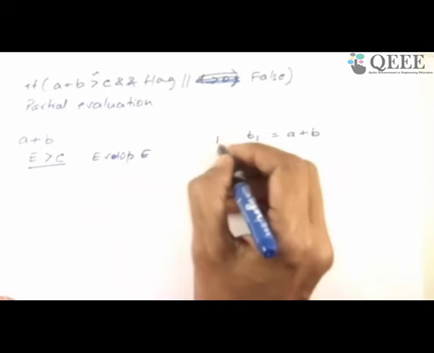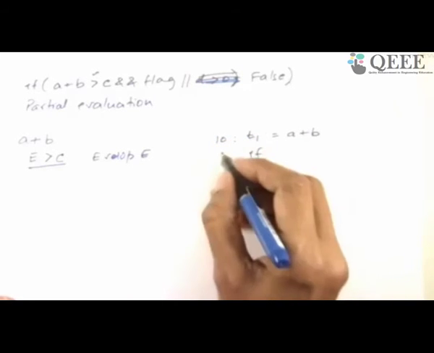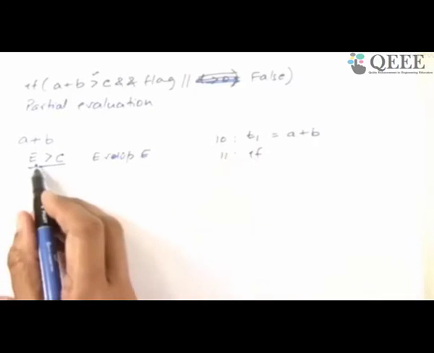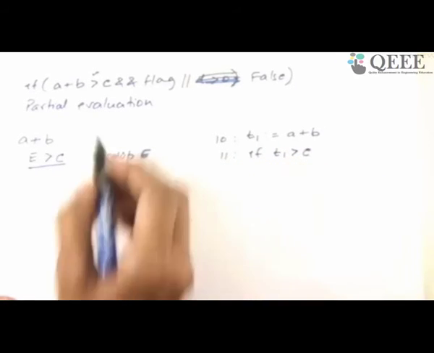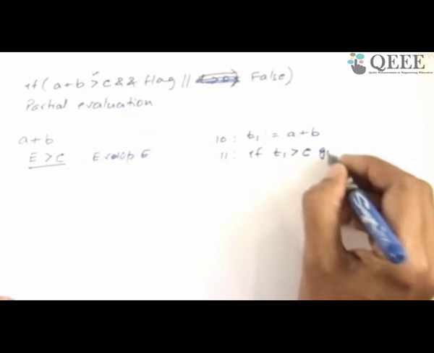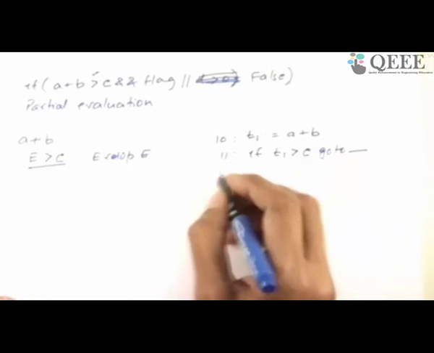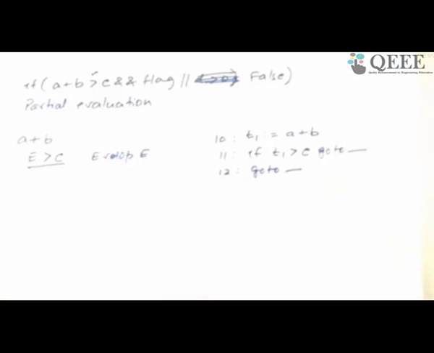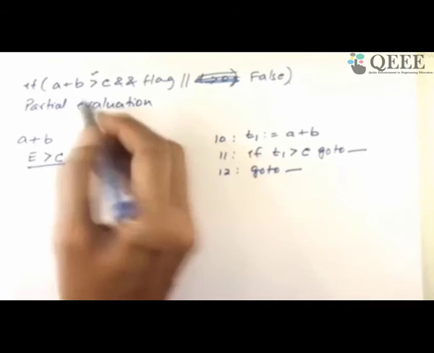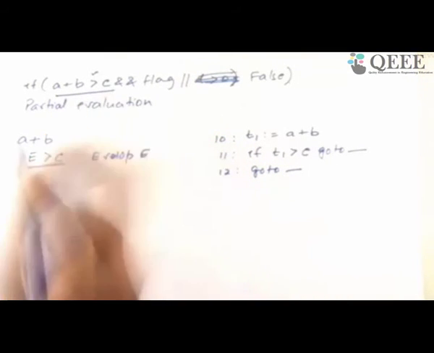My mistake, let me put a number, 10, so this is 11. So E is T1, and we'll say: if T1 greater than C, with C taken directly, go to, I don't know where, 12. The go to is generated together at the same time. So now this is the code for A plus B greater than C. It has already been done.